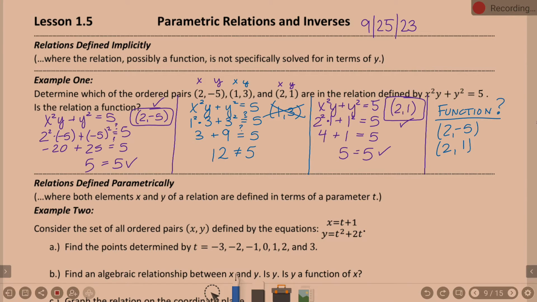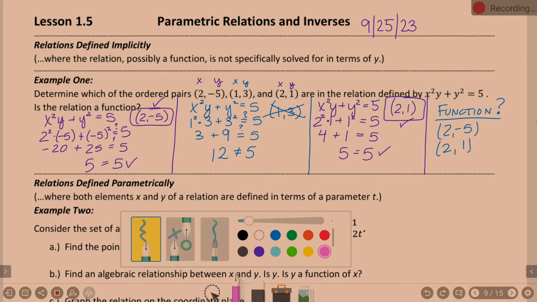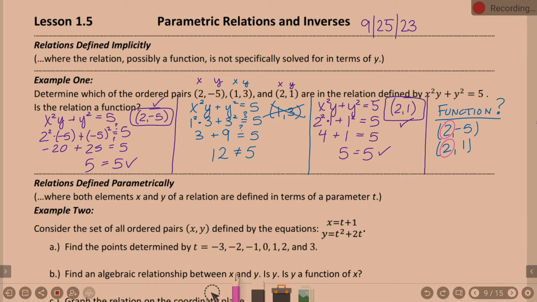What's the issue here? My x values repeat, don't they? I have an ordered pair that would be right 2, down 5, and an ordered pair that would be right 2, up 1. Those are on the same vertical line, yes?